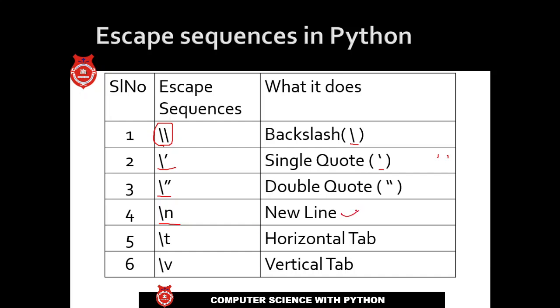When you use backslash n, the text that follows will come to the next line, forming a new line. And backslash t means horizontal tab. I hope you know the tab key on the keyboard. When you put backslash t, the text that follows will go to the next tab. And backslash v means vertical tab. All these things will be clearer when we use them practically. We are going to use them practically one by one, don't worry.